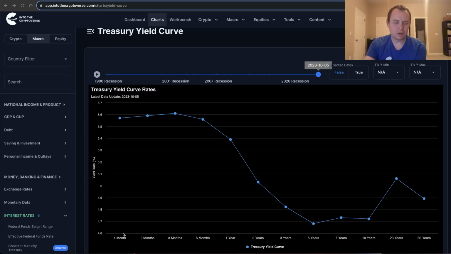So, for holding it 1 month, it would be 5.5% annualized, right? Not in that single month, just to be clear. But fundamentally, in normal times, in healthy economic times, you would expect that longer dated treasuries, like 5 years, would provide a higher yield than some of the shorter dated treasuries, like 1 month and 2 months.